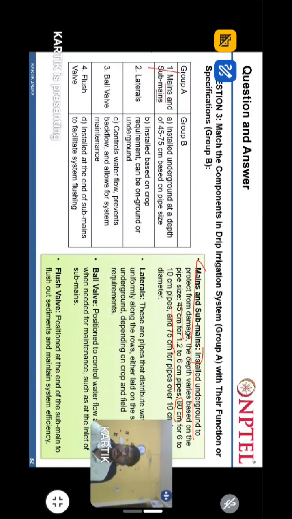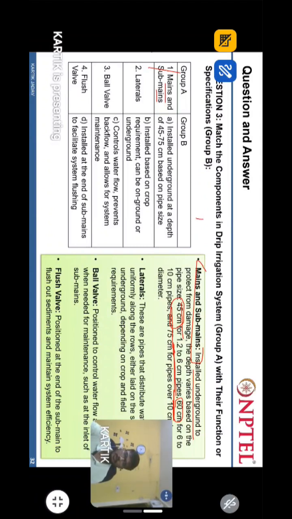So for pipes of diameter 1.2 to 6 centimeter, we are installing at 45 centimeter. For 6 to 10 centimeter pipes, we are installing at 60 centimeter, and at 75 centimeter depth, we are generally installing the pipe that is diameter over 10 centimeter, right?